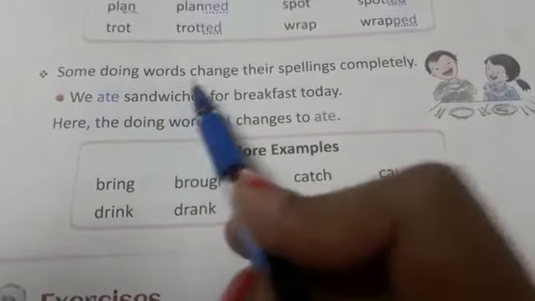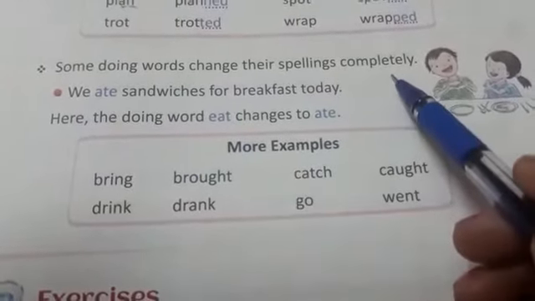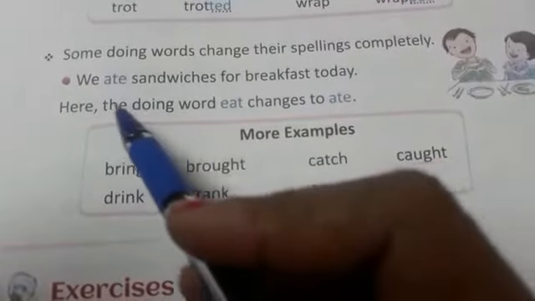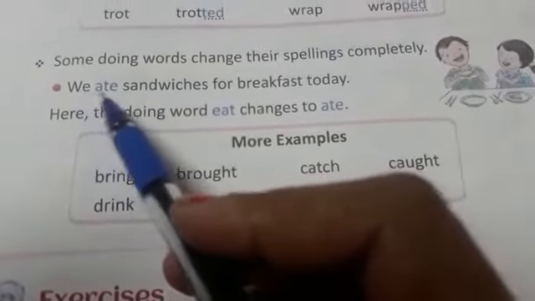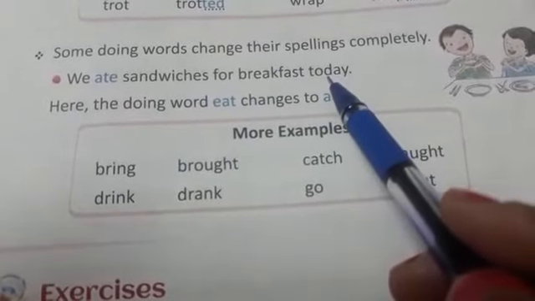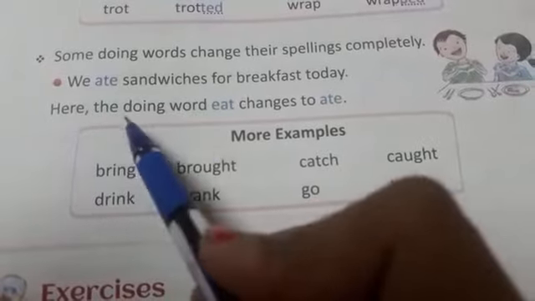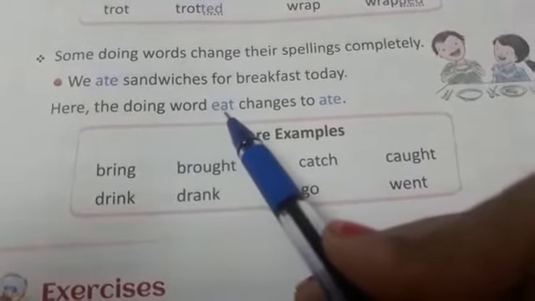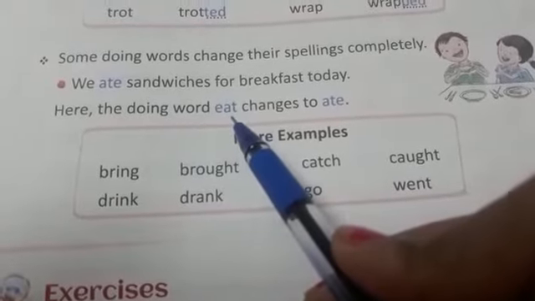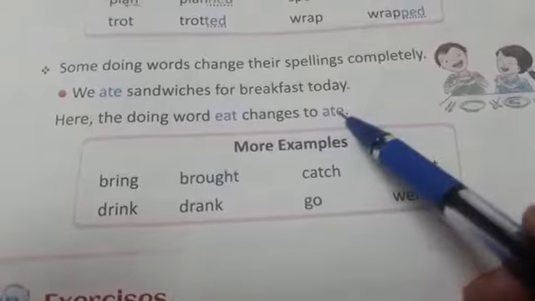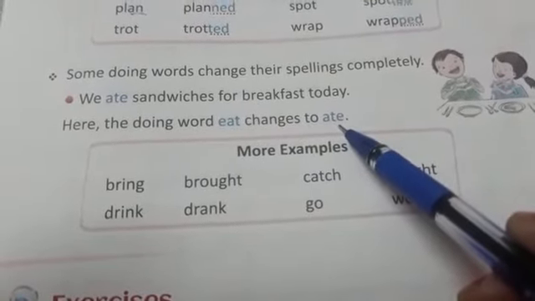Some doing words change their spellings completely. I'll show you some examples, like: we ate sandwiches for breakfast today. Here the actual word is eat, and we change eat to ate. Ate is the past tense.